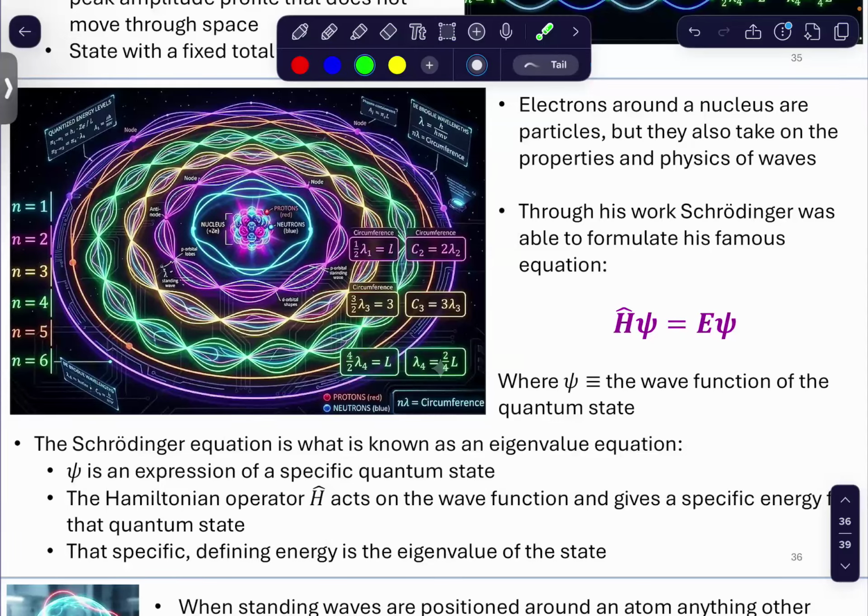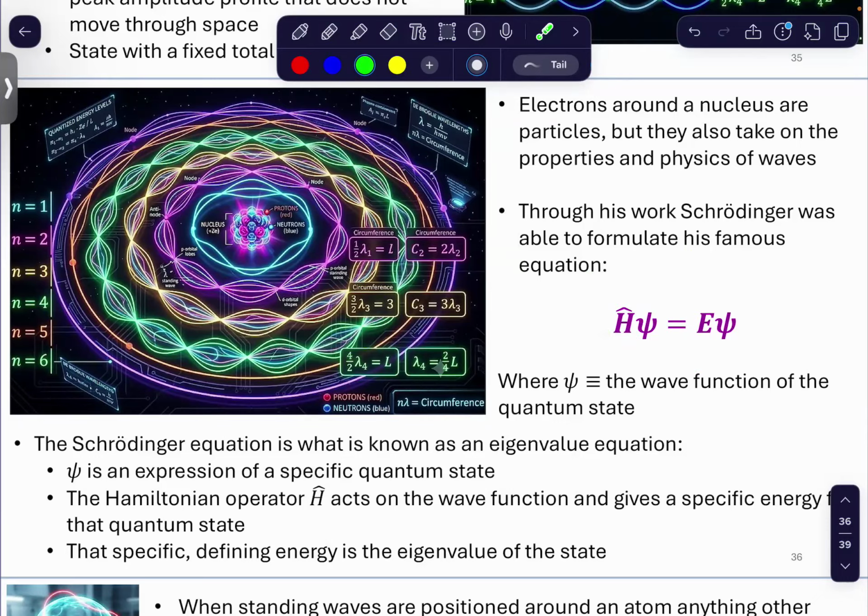This expression, the Schrodinger equation, is called an eigenvalue equation. Eigenvalue is a German word meaning a value that defines the system itself. What you have here is your hat over your H, that's called an operator, and so this is your Hamiltonian operator.